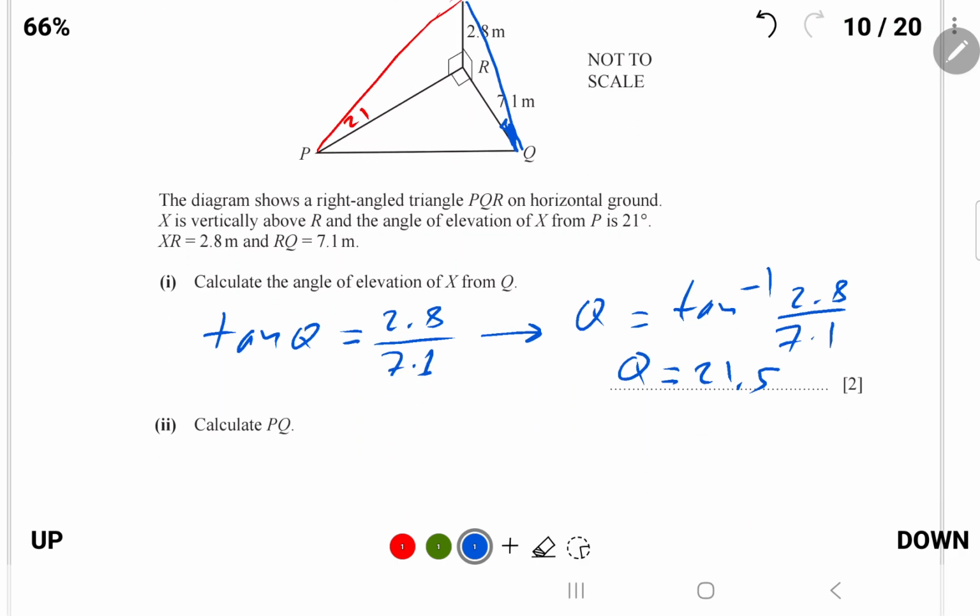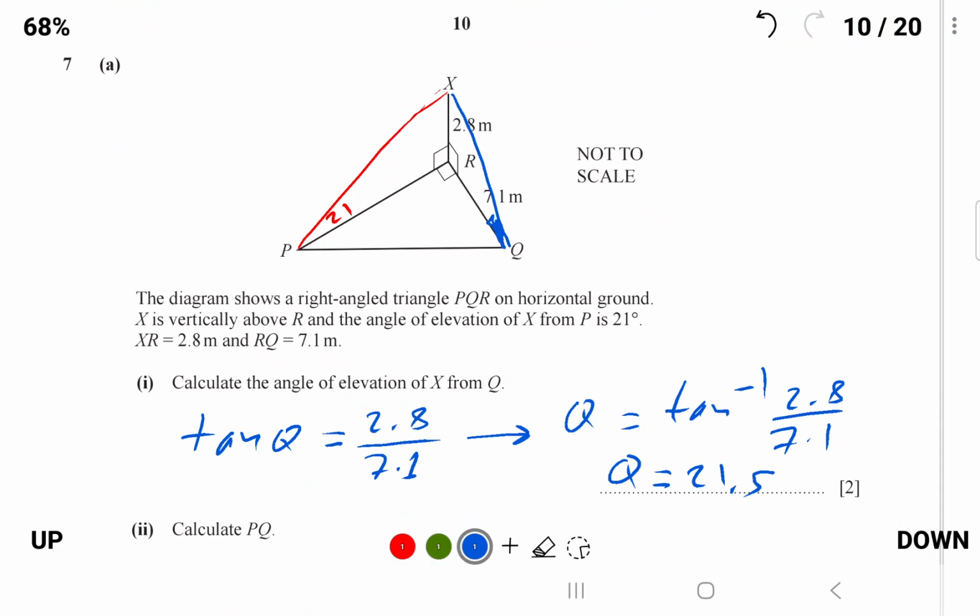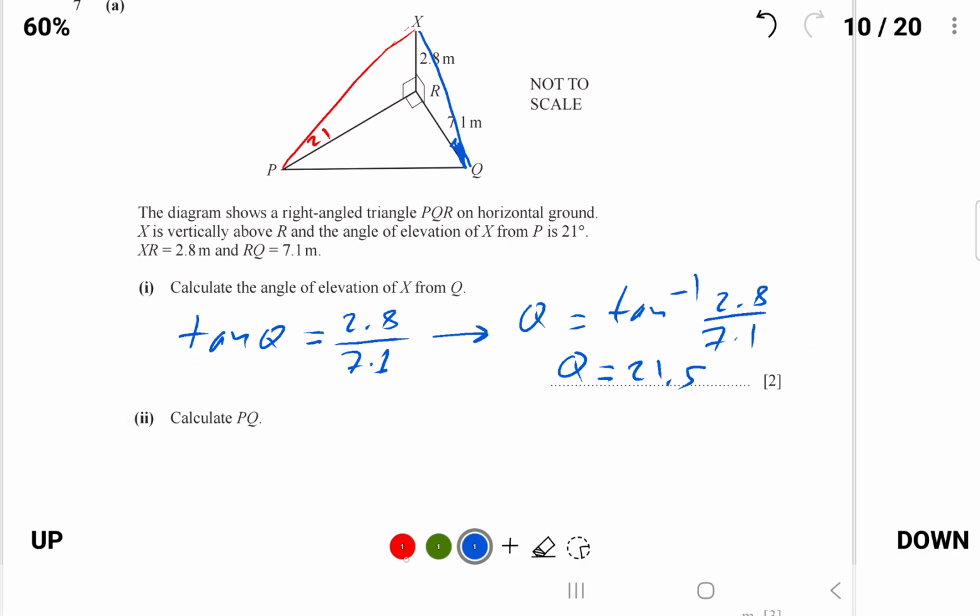Question B, calculate PQ. Now to calculate PQ, let's calculate first PR. So what is PR? We can see tan 21 from triangle XPR.